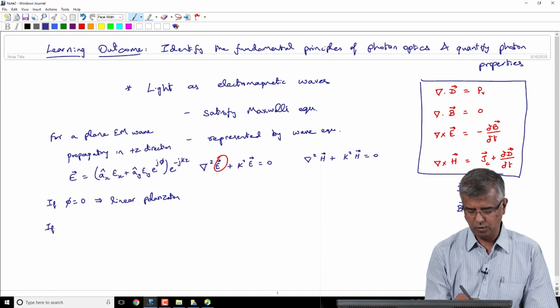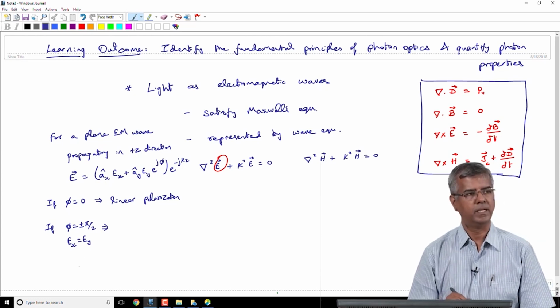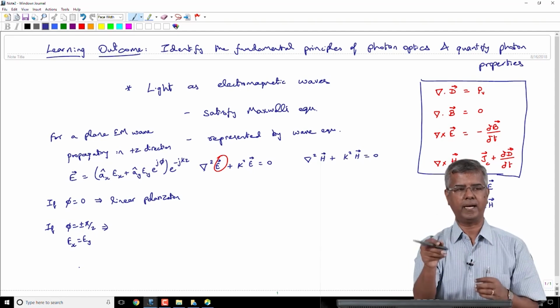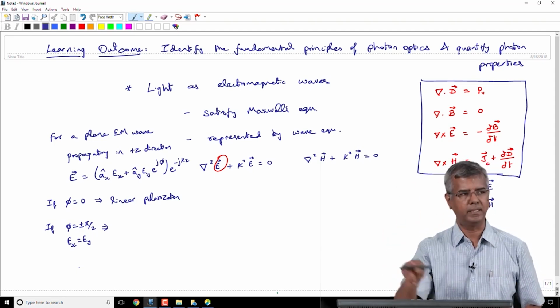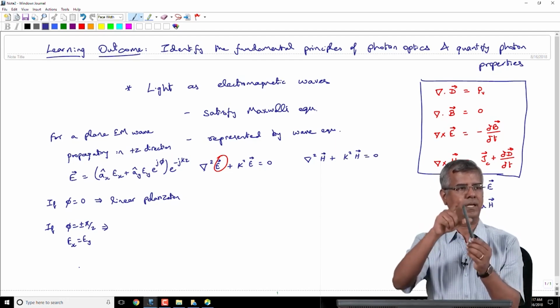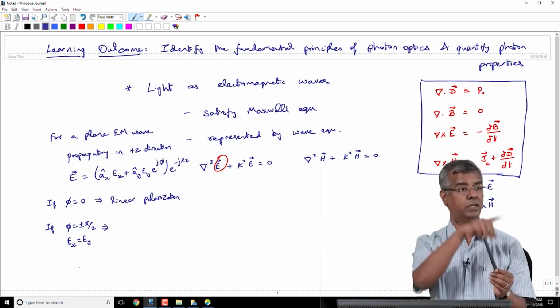or if phi equals plus or minus pi by 2 and Ex equals Ey, then that electric field vector is going to propagate like this. It is going to go around, and the terminus of the electric field is going to draw a circle.